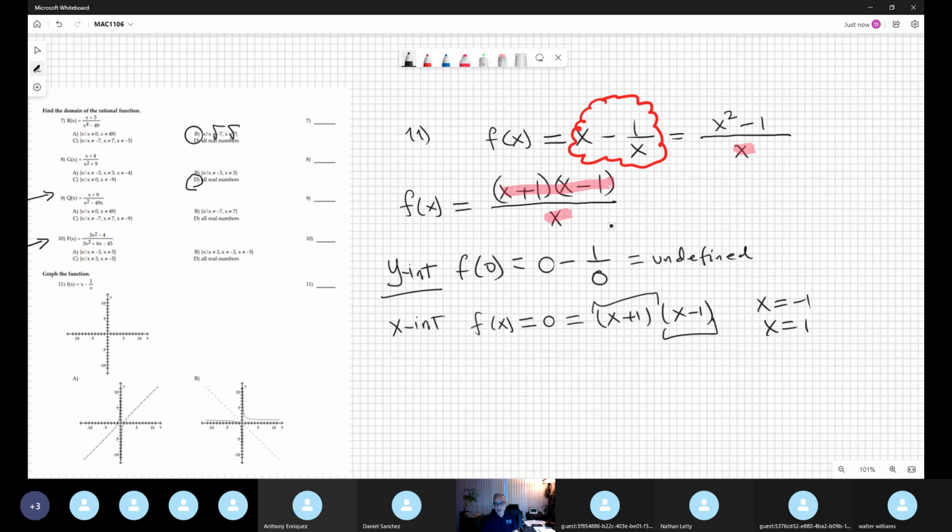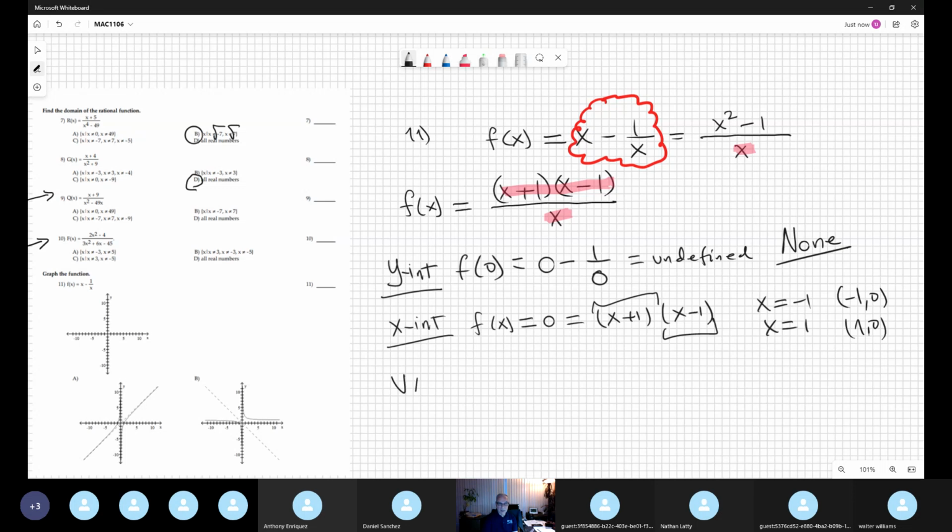And the points are negative 1, 0 and 1, 0. Okay, this is my collection. So we have no y-intercept, but x-intercepts, yes, 2: negative 1, 0 and positive 1, 0.